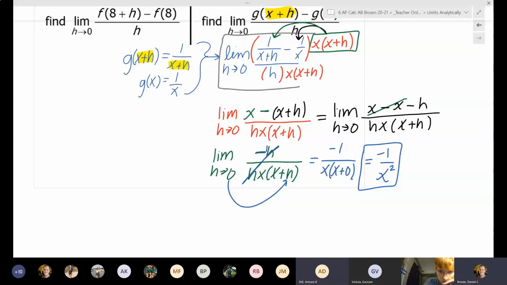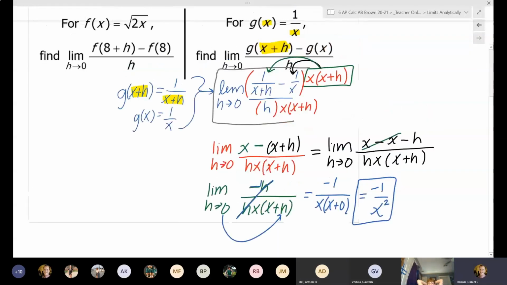Yes, and the reason why we got an expression, if I were to go back and compare these two examples, notice how they both have plus h in them. The first one we got an actual number because there was like the 8 plus h. So basically the x value is also being replaced with a number. In this one we got an expression, which we will learn in Unit 2 what that actually represents.